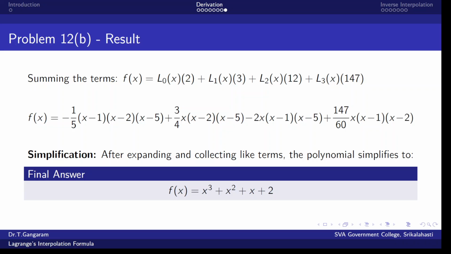On simplification, after expanding and collecting like terms, the polynomial simplifies to f of x is equal to x cube plus x square plus x plus 2.